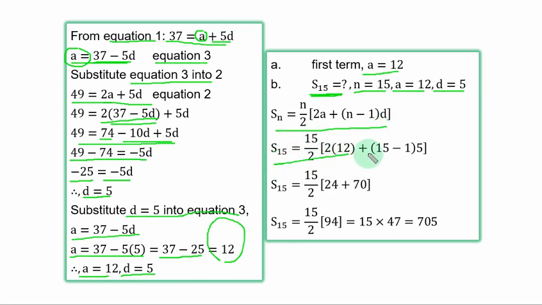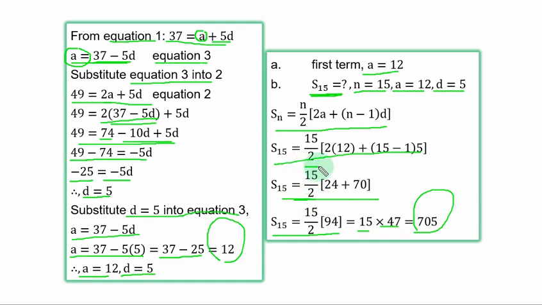You have this result. When you simplify further, you have this result and this result. Divide 94 by 2. You have 47. Multiply by 15. That is 705. This term remains the same because we don't want to have decimal result after division.